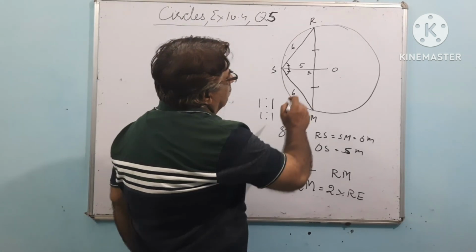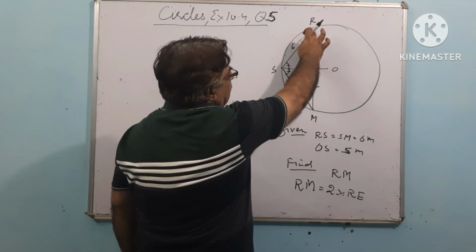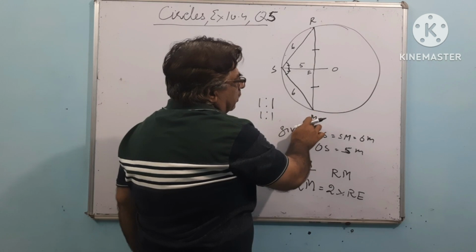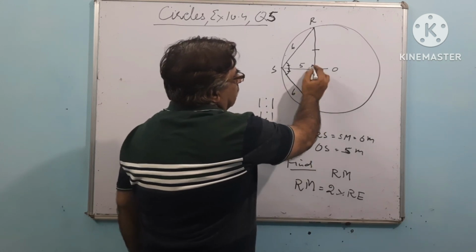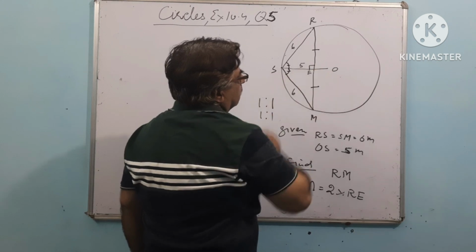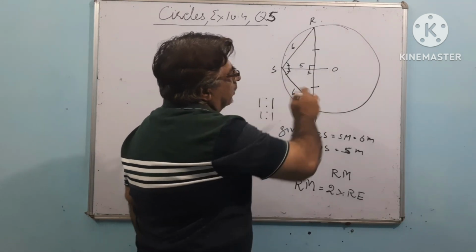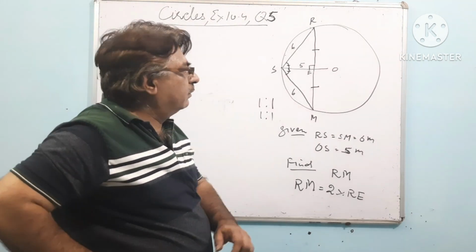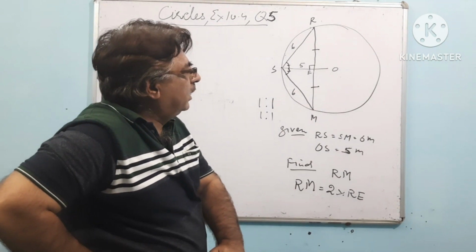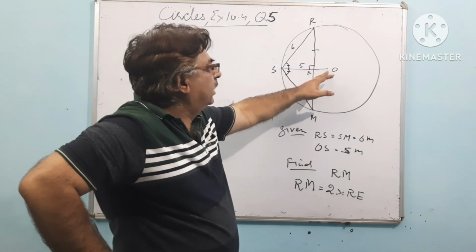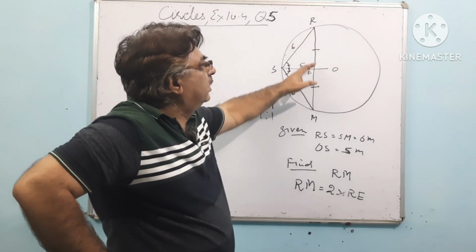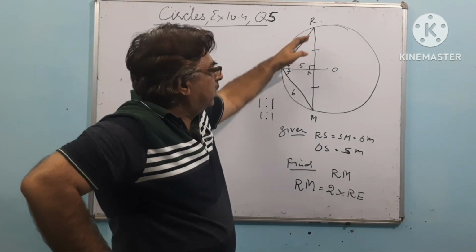So, if RE and EM are equal, it means OE is perpendicular to this RM.